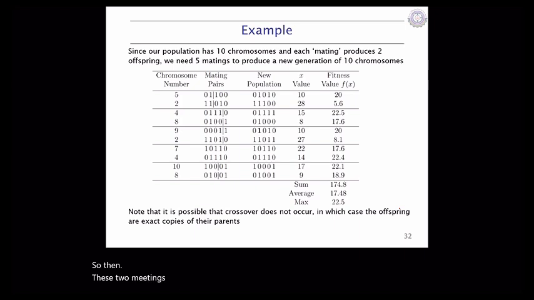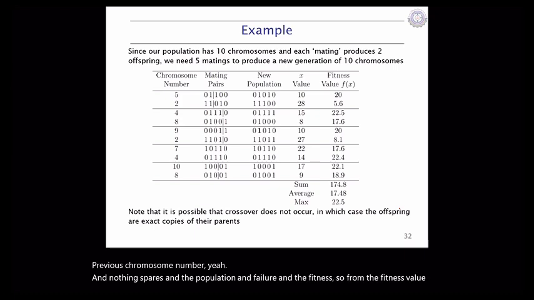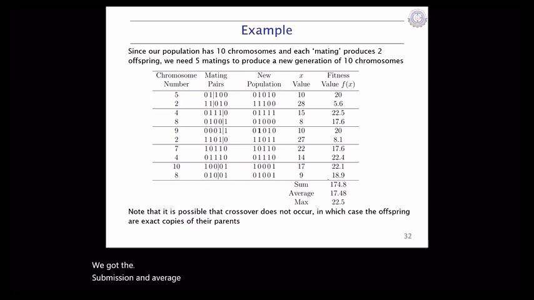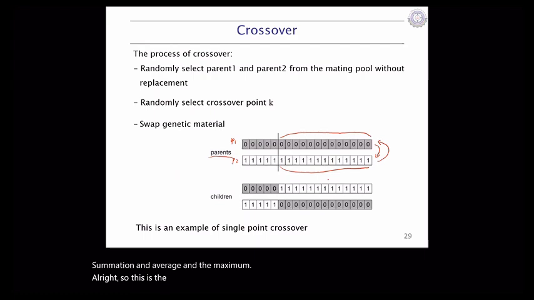Then we get this new population, based on the previous chromosome number, mating pairs, population, value and the fitness. From the fitness value, we got the summation, average, and the maximum.